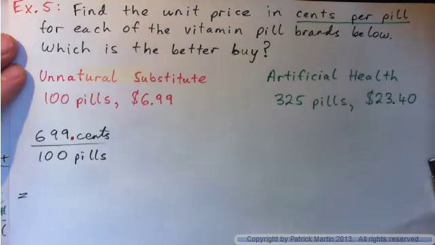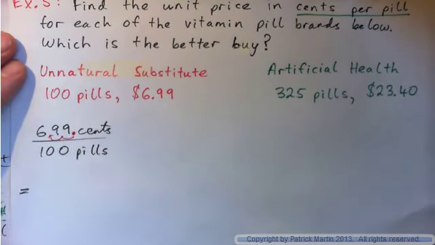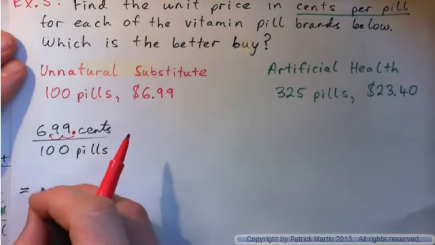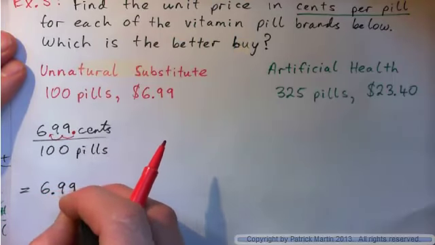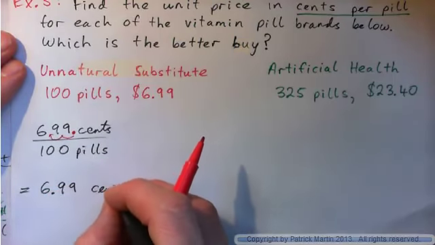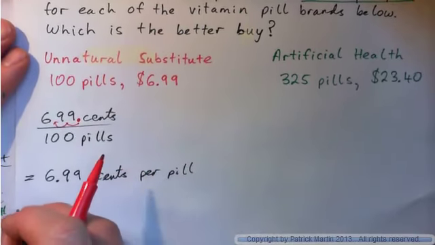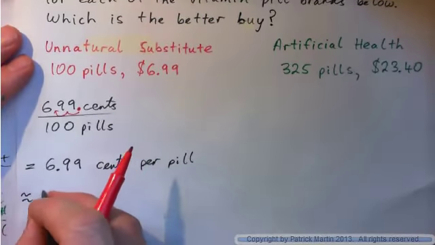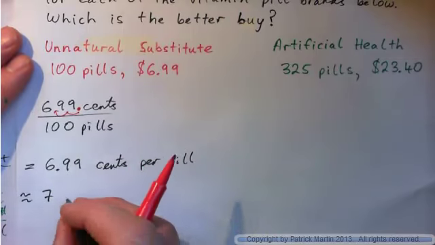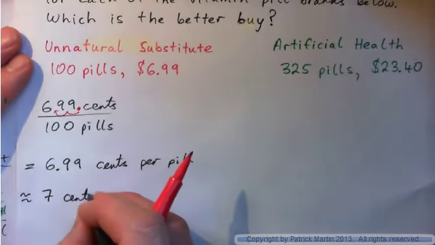The number is going to get smaller, so it should go to the left, 2 spaces over. So you would get 6.99 cents per pill, which is approximately 7 cents per pill if you round it up, right?